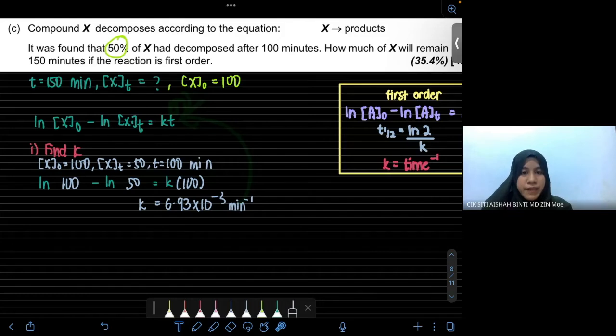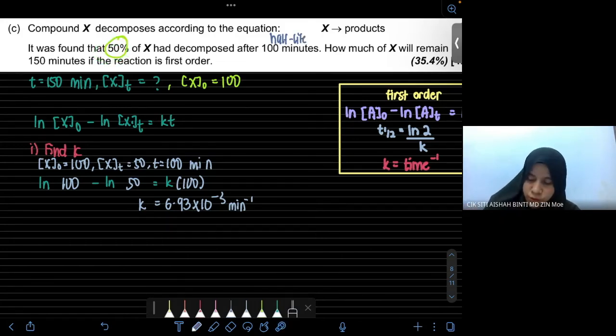But actually there is one more tip here. It tells us that 50% of X has decomposed, so the concentration decreased to half. So actually this is our half-life. Why is it half-life? Because the concentration decreased by half.